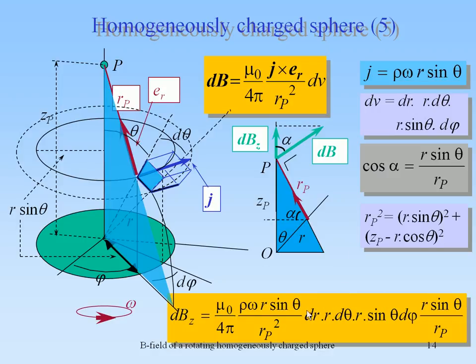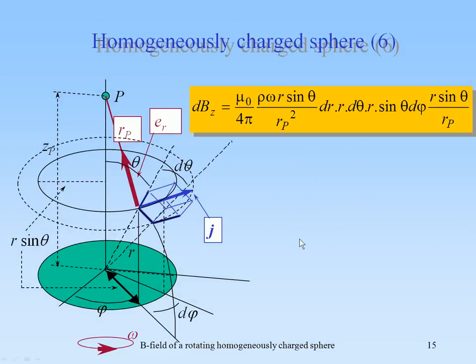And this is the total expression, mu naught over 4 pi times rho omega r sine theta, that is the J, current density, over rp squared in the denominator, then dr times r d theta times r sine theta d phi, that's the volume element, and here is the component along the z-axis.